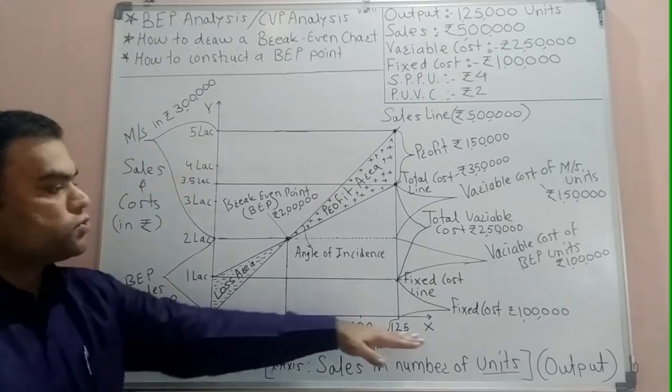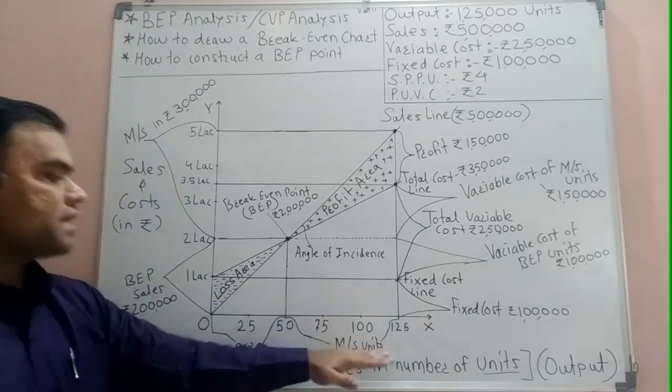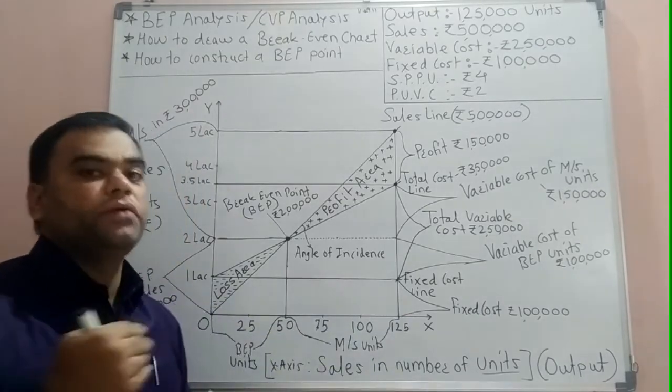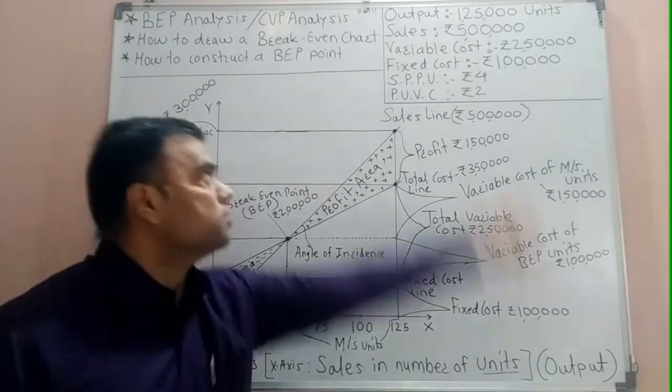And what do we show on the x-axis? On the x-axis we show sales in number of units, the number of units sold, that is output.